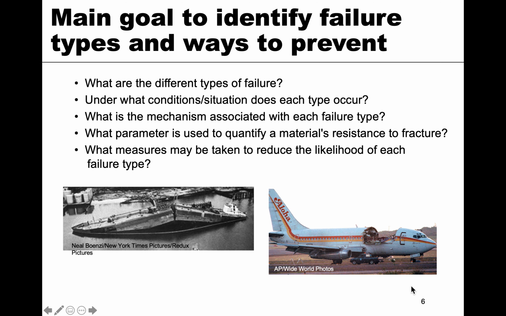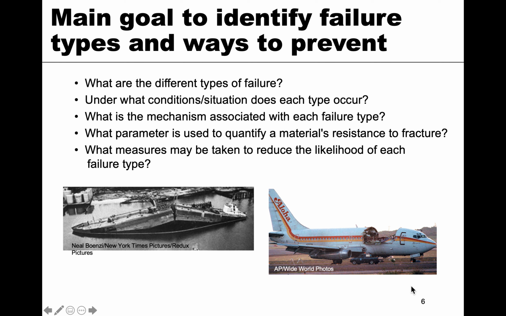And why things fail. So the main goal is to identify the failure type and then ways to prevent what occurred. We want to look at the different types of failure, under what conditions and situations they occur, and then the mechanisms associated with each of those types. So how does it actually fail?